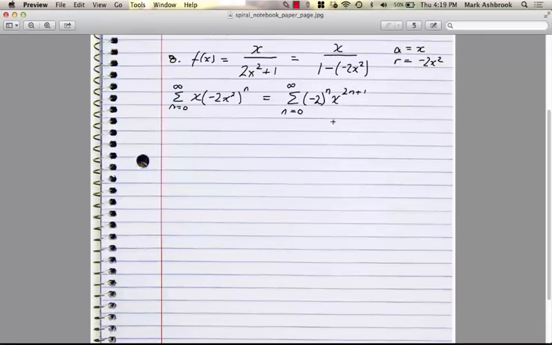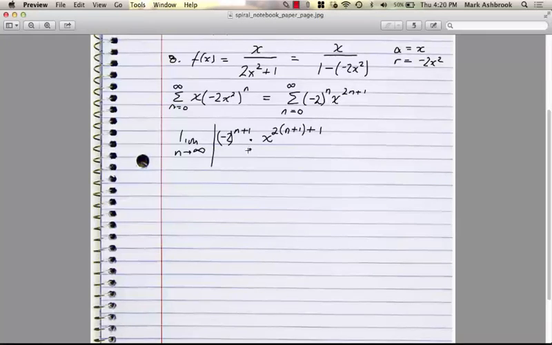Okay, and so now we want the interval of convergence. The interval of convergence is going to come from the limit ratio test, right? So we're going to do the limit as n goes to infinity of negative 2 to the n plus 1 times x to the 2n plus 1 plus 1.